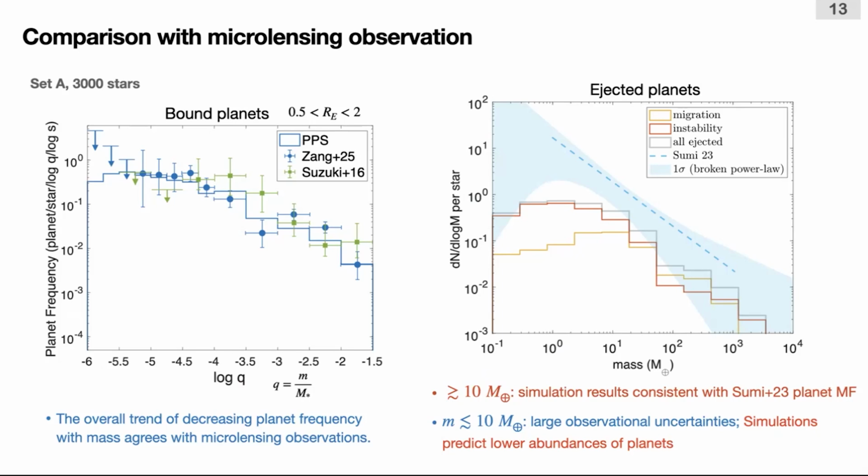But sometimes if you consider less efficient migration or higher disk mass, we might overpredict the abundance of bound giant planets. But I think there's still some uncertainties in the gas accretion and migration prescriptions we use. So thank you. Okay. We'll take one last quick question as the next speaker sets up.